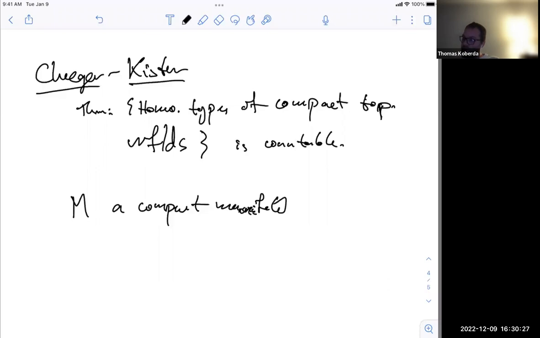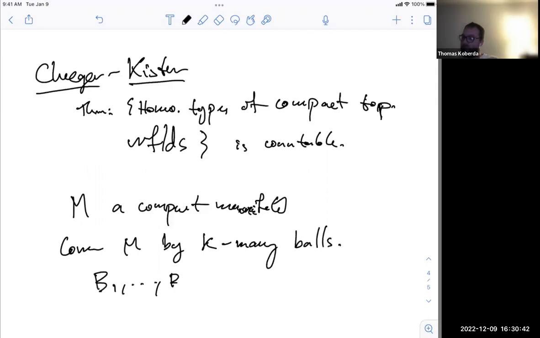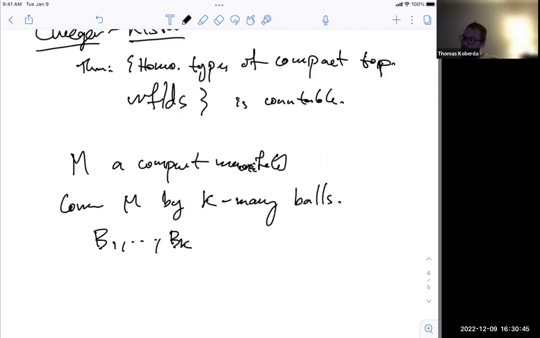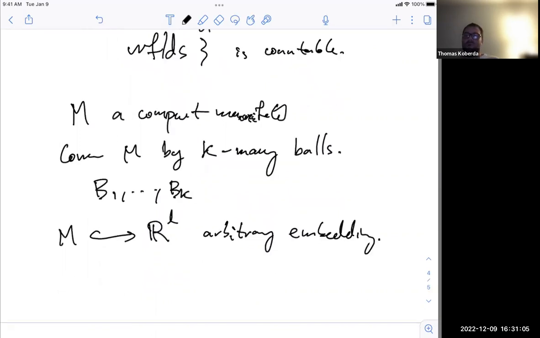And you cover M by K many balls, say B1 to BK, and then you consider an arbitrary embedding of M into R^L for some L.